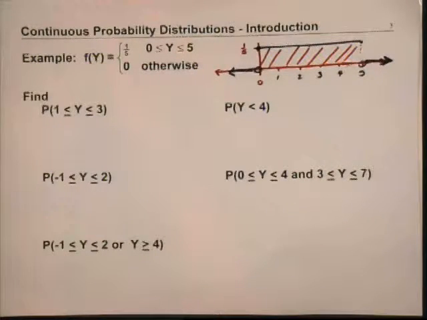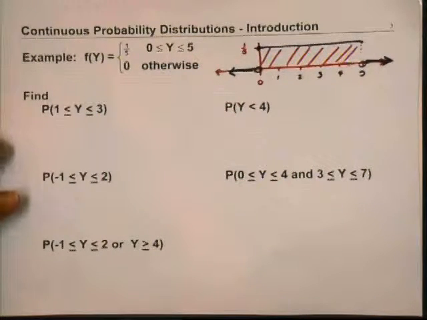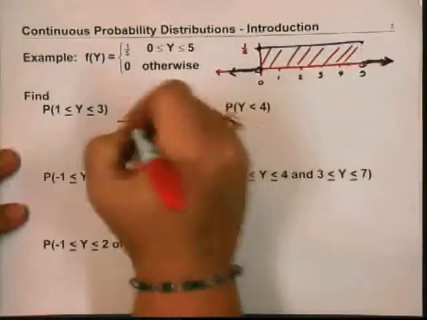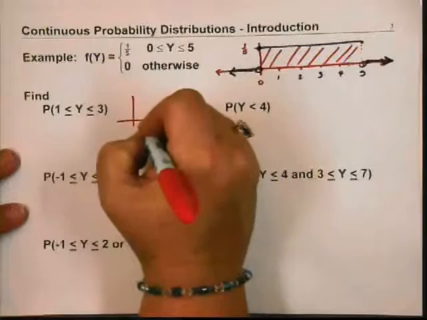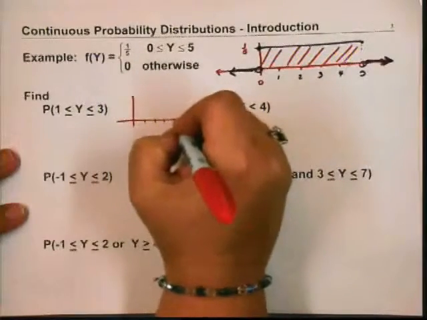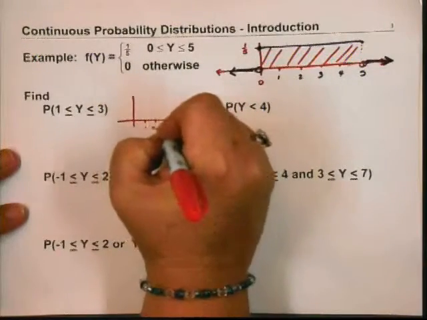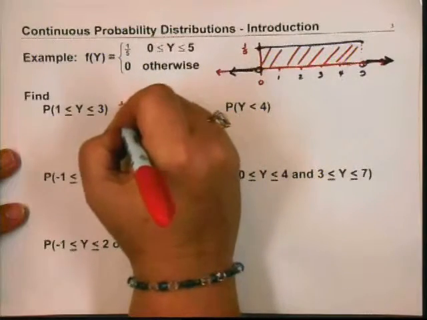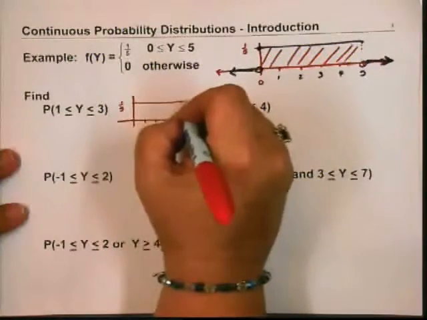All right, so very simply, when we want to talk about the probability and we want to look at y on the interval 1 to 3, you could real quickly go back through this: 1, 2, 3, 4, and 5. We're up here at a height of 1/5 again for the function.